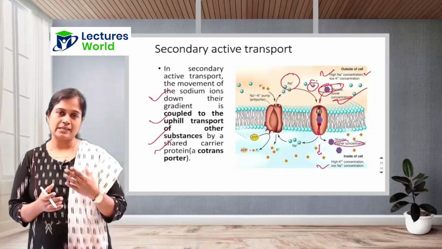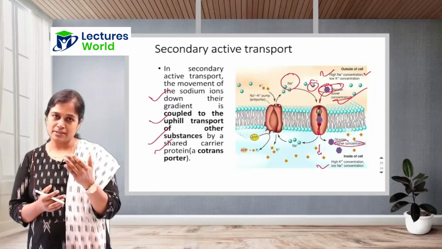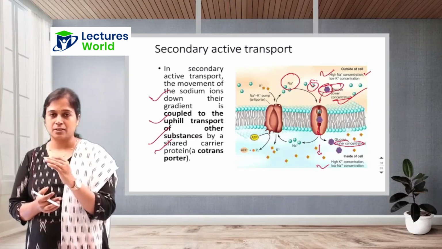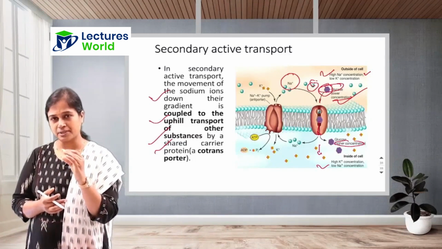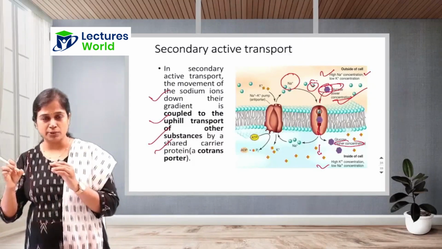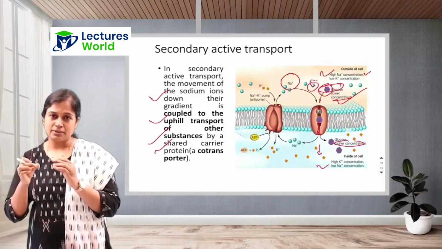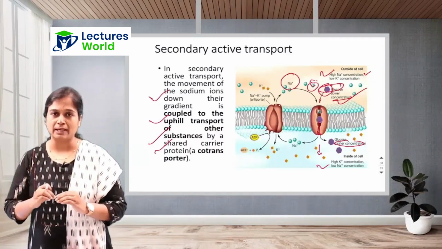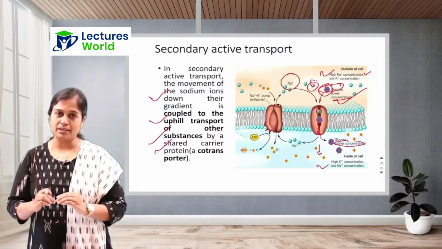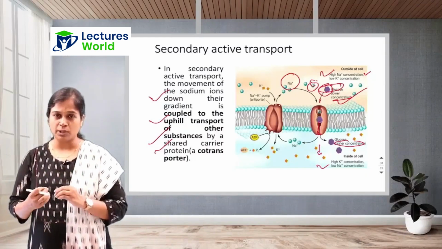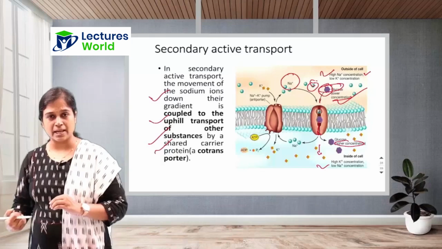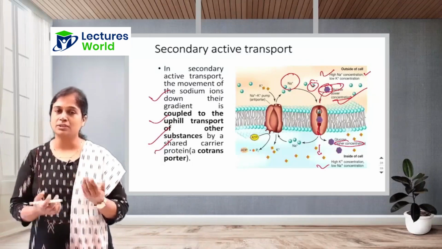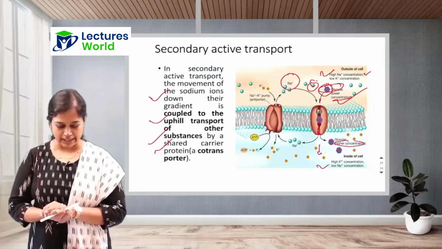One molecule has a higher concentration outside the cell and another molecule has a lower concentration outside the cell. The molecule with the higher concentration combines with the molecule with the lower concentration, and using the electrochemical gradient it transports via the carrier protein, and it leaves the molecule at high concentration inside and moves the sodium from higher to lower. So this is how secondary transportation takes place.